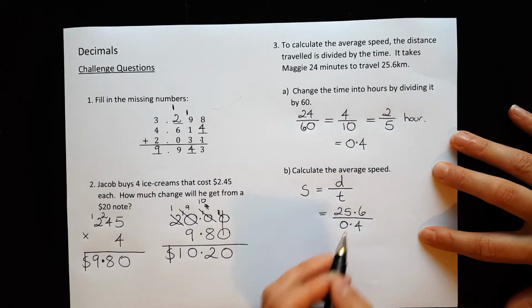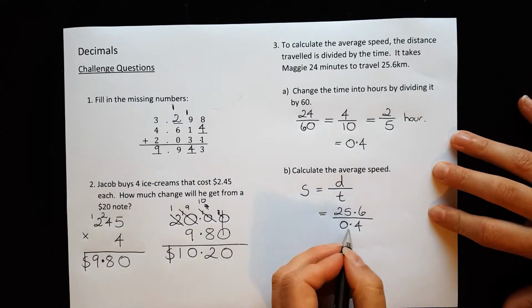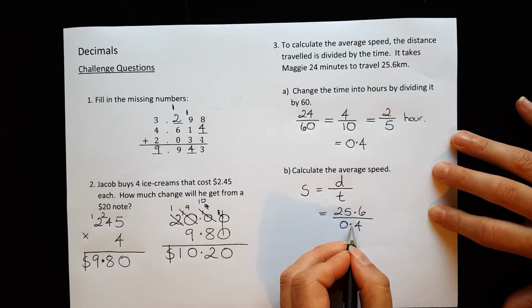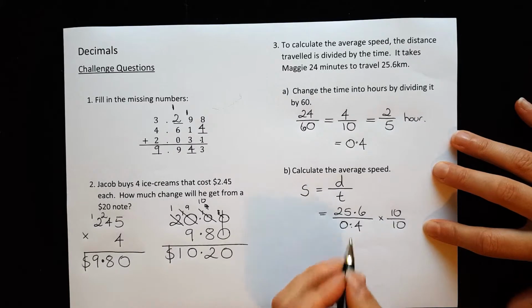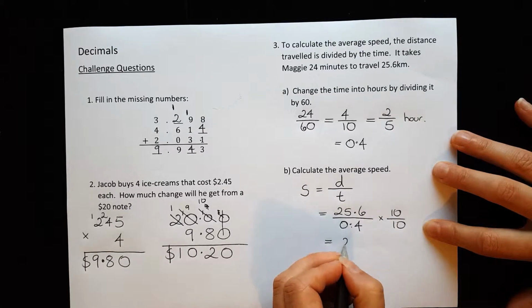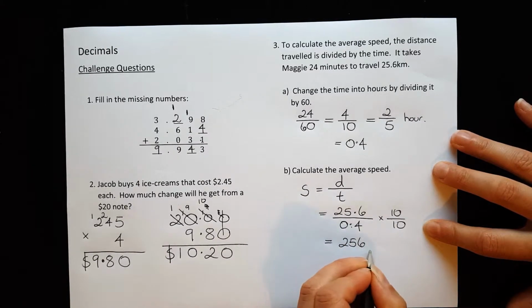So a decimal divided by a decimal, we want to make this number on the bottom nicer. So we're going to multiply the top and bottom by 10 to make this a whole number. That will give me 256 divided by 4.